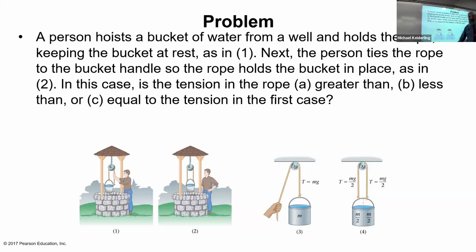In the first case, the guy's holding the rope in one hand, and the rope is holding up the bucket. In the second case, he's tied the bucket to both ends of the rope, so both ends of the rope are pulling up on the bucket. So is the tension in the second case greater than, less than, or equal to the tension in the first case?